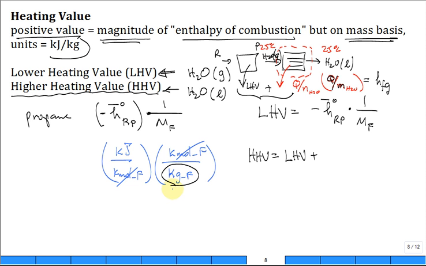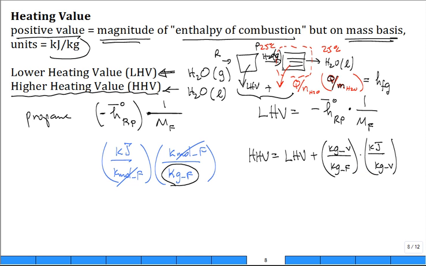So I have to know the kilograms of vapor per kilogram of fuel, and if I multiply that by how many kilojoules of heat have to be transferred per kilogram of vapor, then I'll get the units to work.